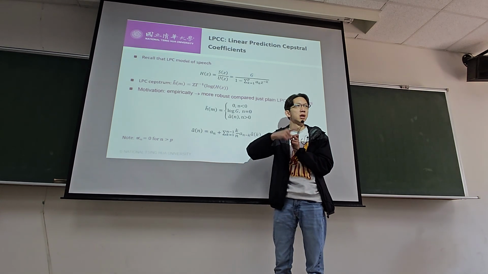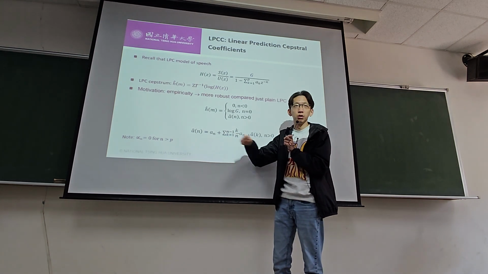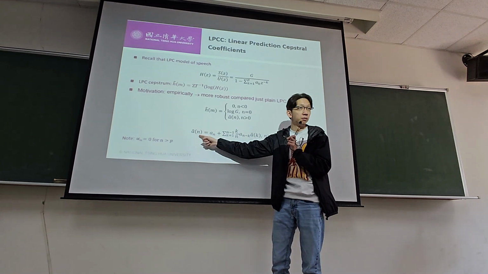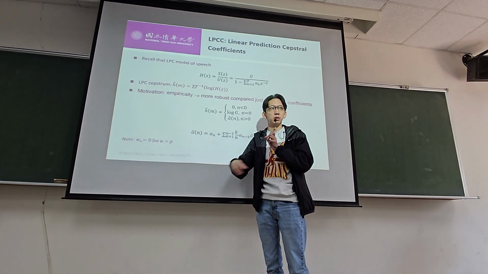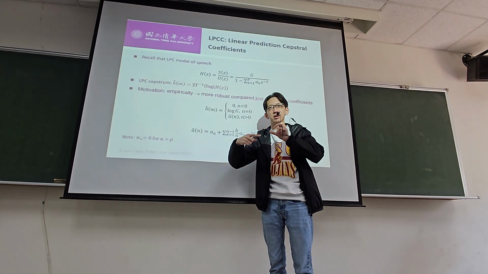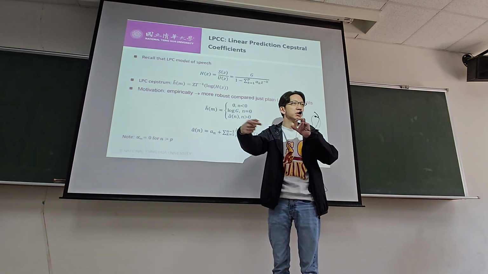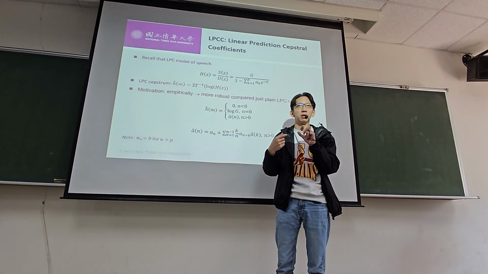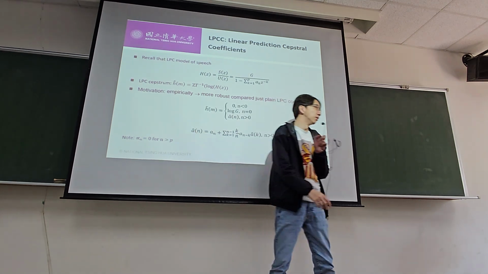You compute each order of the a_n coefficient recursively, and then you can recursively compute the LPC cepstrum coefficient. Essentially, if you think about it in C, it's two different for loops doing these recursive calculations, so then you can find your alpha hat of n.